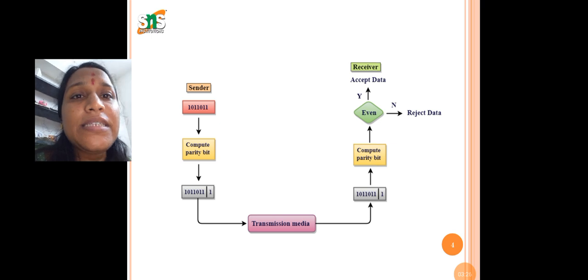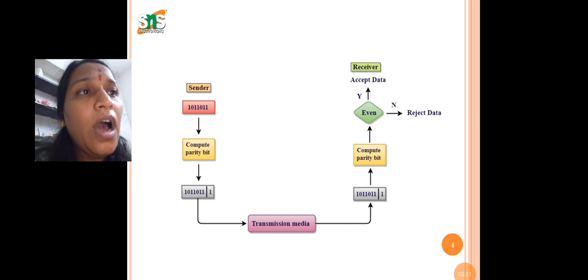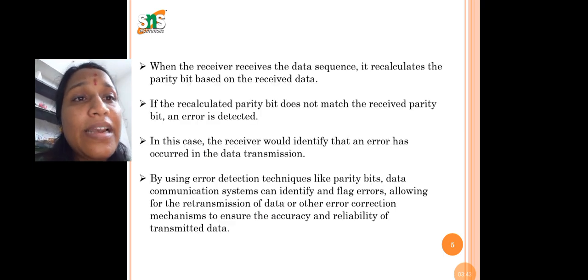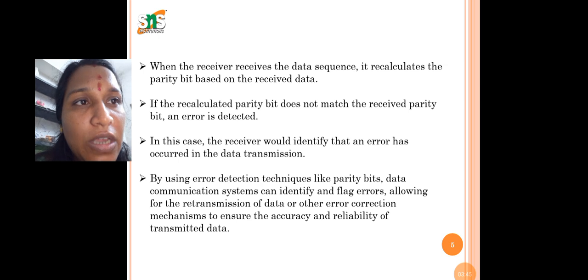So here we can see the different processes, what and how it is processed, how the process has been done systematically, right? And we can receive each and every data sequence.